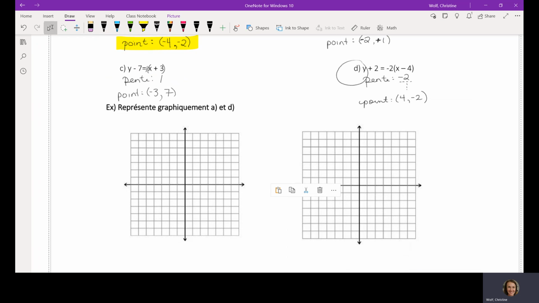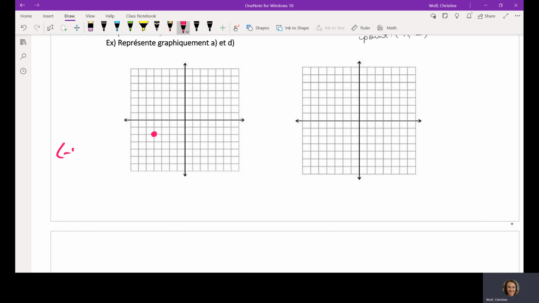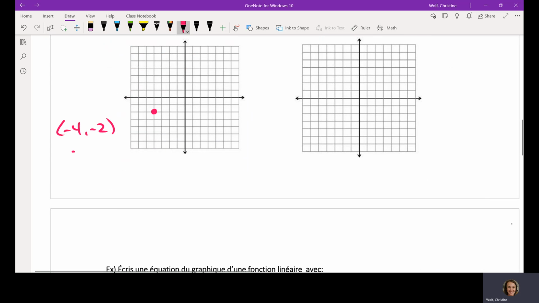So I know that that's going to be a point on my graph. -4, -2. Je peux commencer là. -4, -2. And then la pente était -2 sur 3. Ou, si tu veux, 2 sur -3. Vous avez le choix de où tu mets le négatif.